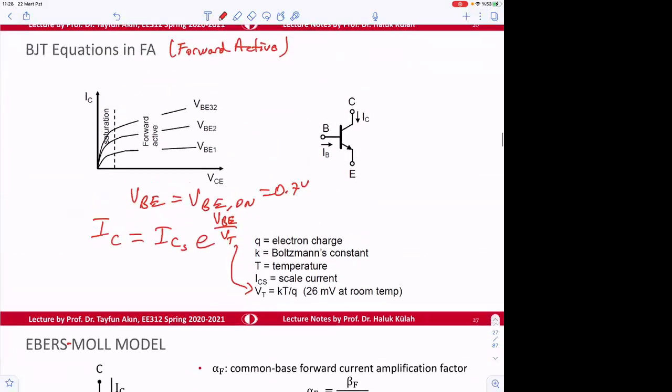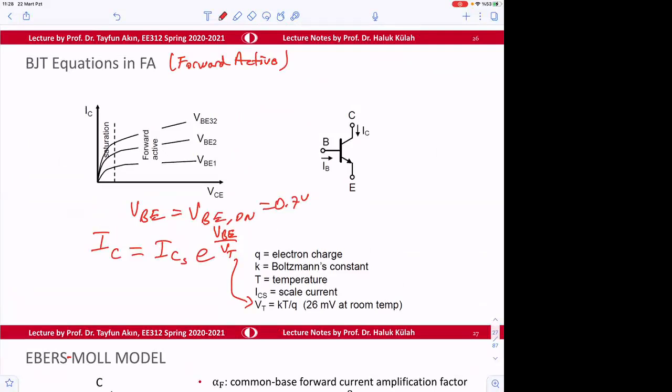In forward active, only this diode junction is on, but there's going to be current here still. It goes through the device, and this is beta F times I base, if this is I base.